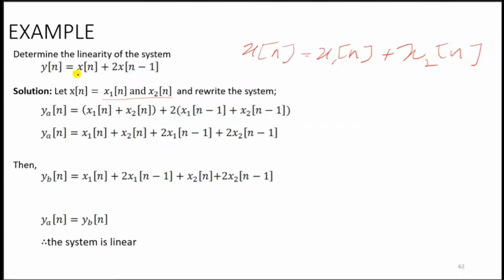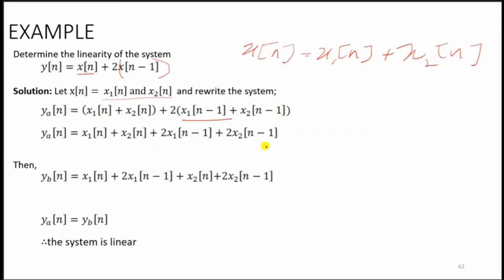For x[n], replace with x1[n] and x2[n]. For x[n-1], you replace x1[n] as x1[n-1], x2[n] as x2[n-1], times 2. So you have two inputs here. You replace this part, and then again you expand the equation.